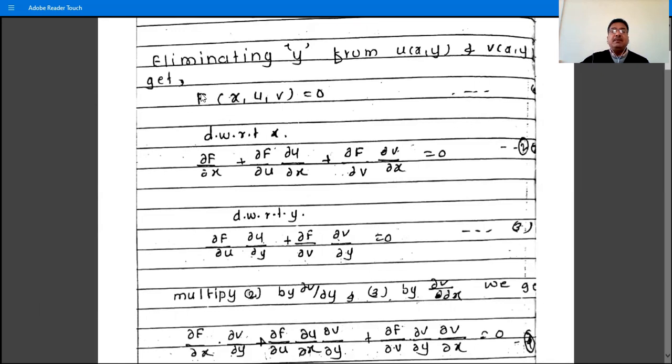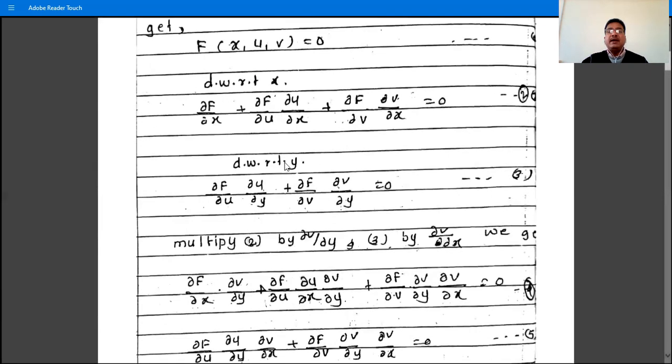Then f is a function of u and v, but u and v are functions of x and y. Y is eliminated, so u and v both are functions of x, and therefore by chain rule, ∂f/∂x + ∂f/∂u ∂u/∂x + ∂f/∂v ∂v/∂x. This is df, the complete derivative of this function f.